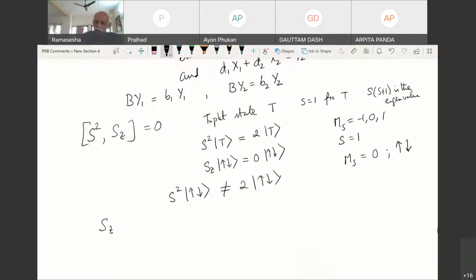S squared operating upon any one of these states should give me a 2. Most important is that just because two operators A and B commute does not mean that every eigenstate of A is an eigenstate of B. That is true only when they have only non-degenerate eigenstates. When any one of them has degenerate eigenstates, you cannot make that comment.